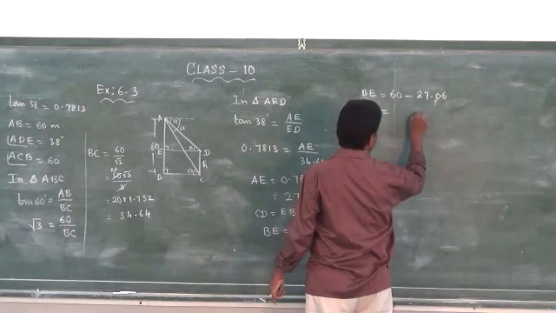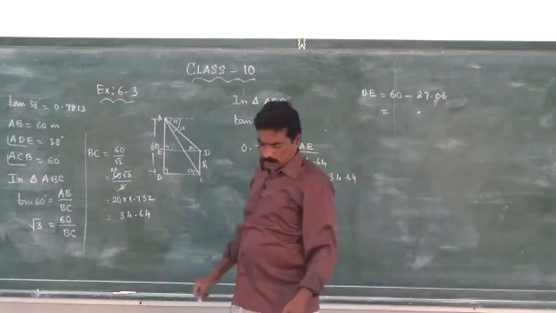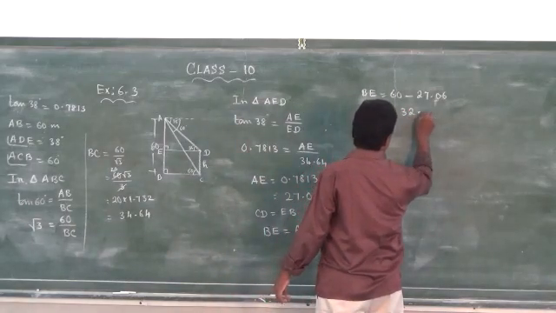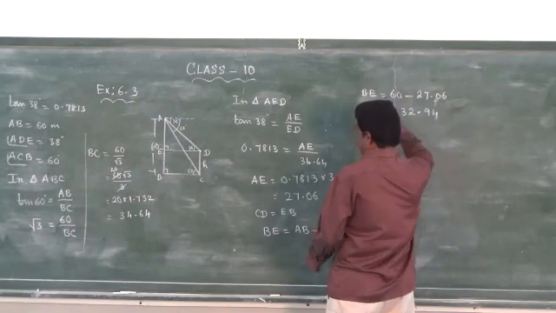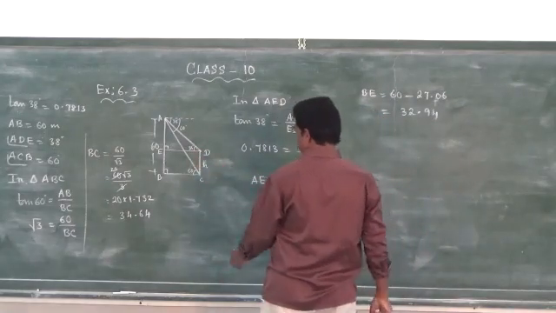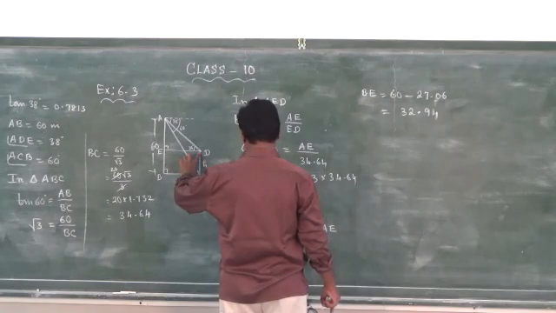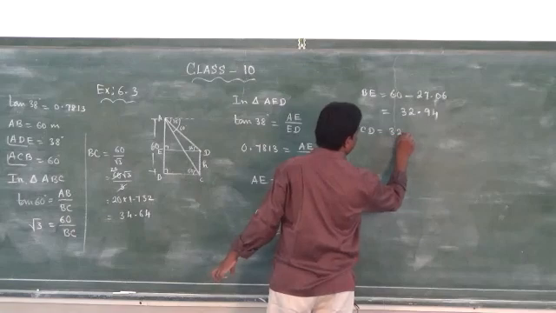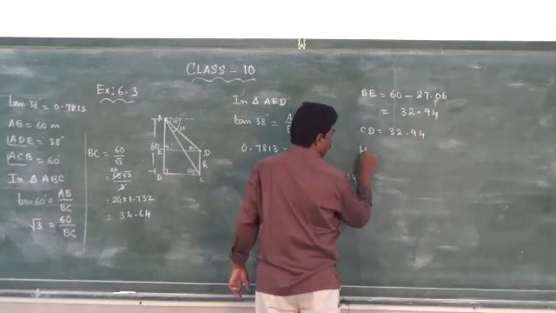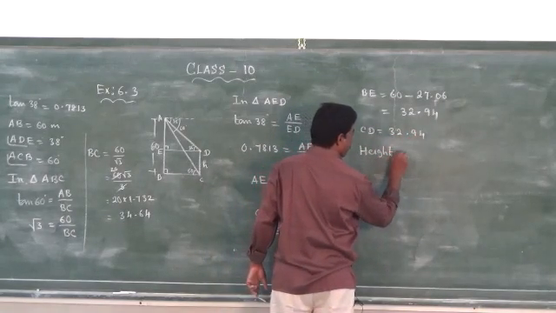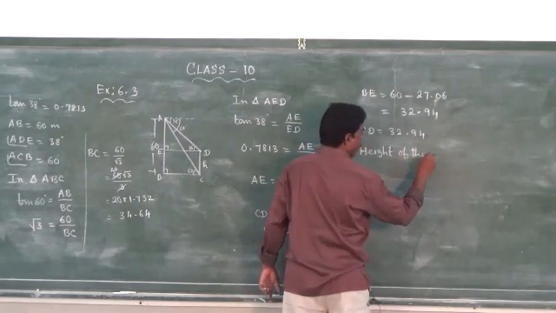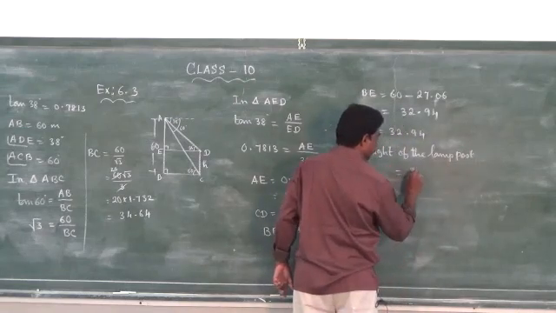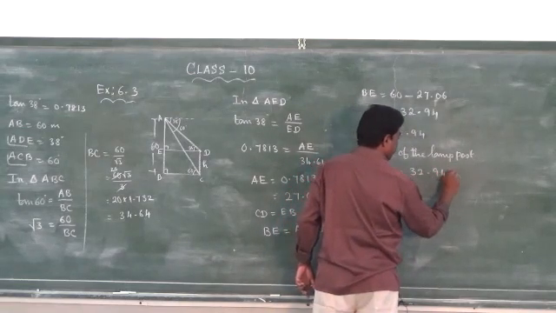When you subtract, you will get 32.94. So what is that? BE. So BE and CD are equal. Therefore, CD is equal to 32.94, the height of the lamp post is 32.94 meter.